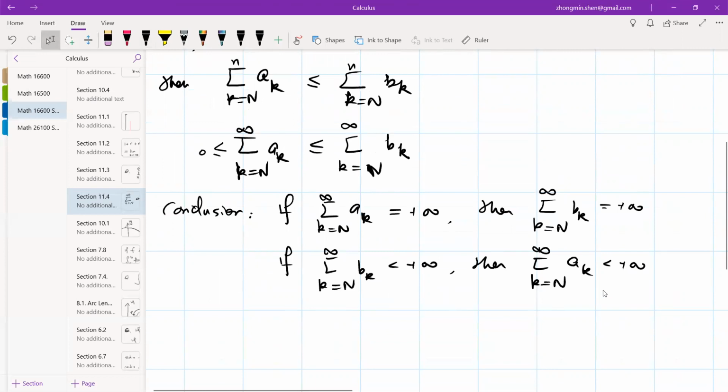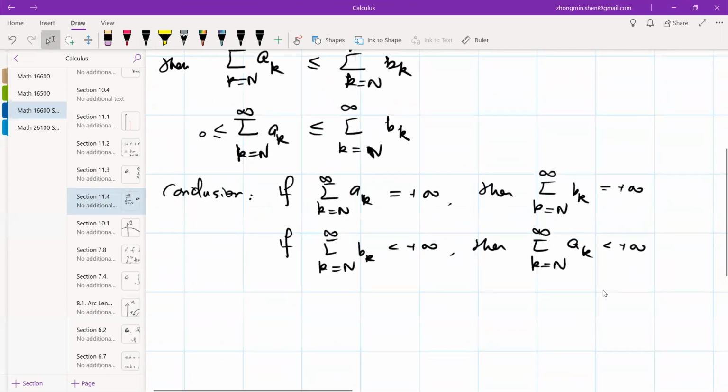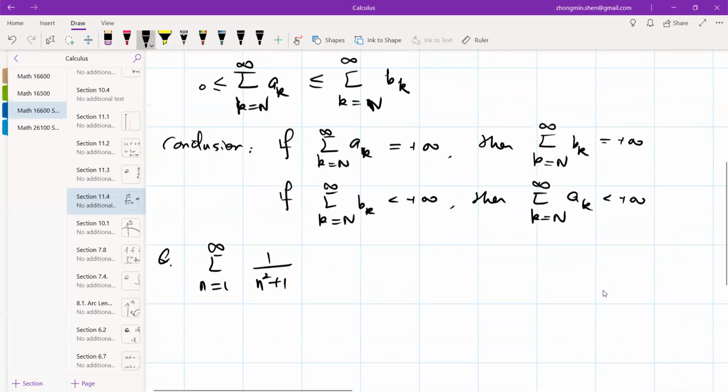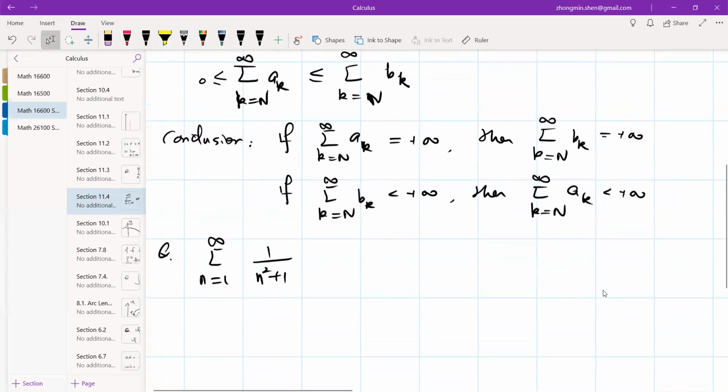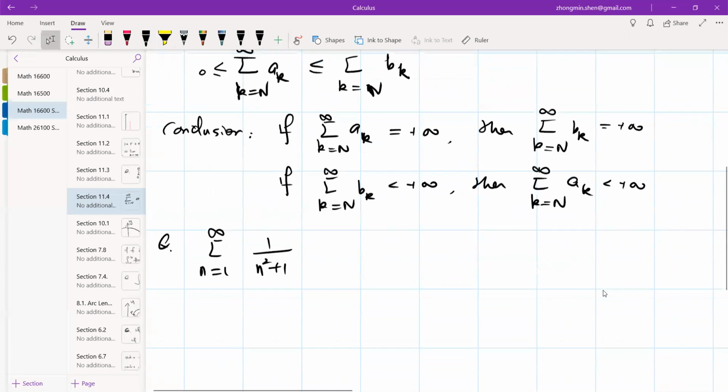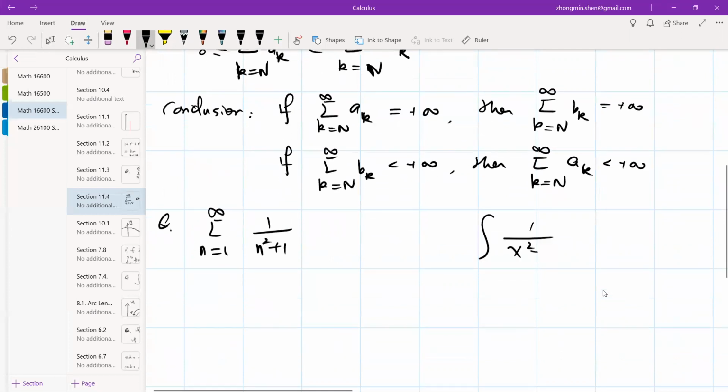How useful is it? For example, you want to check whether this series is going to be convergent, right? Sometimes I even put n here, just n squared plus 1. Of course, you can use an integral test to check, but then it involves the integral of 1 over x squared plus 1. If you think about this integral, then say, okay, I know it's arctangent x.